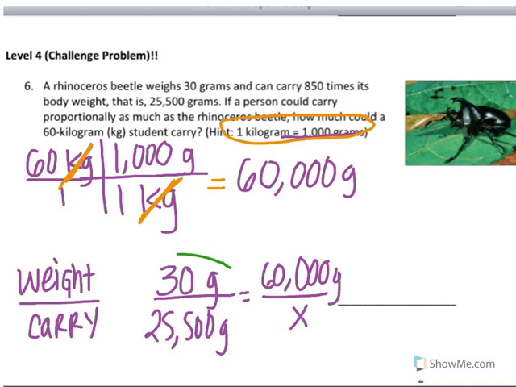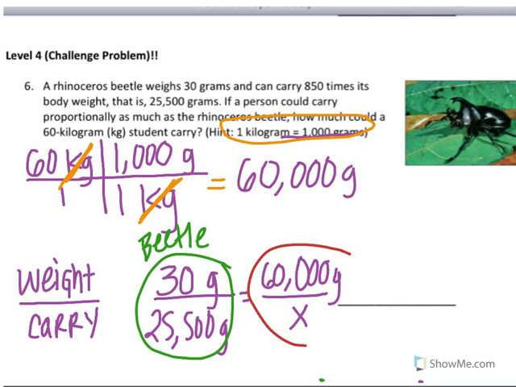If we notice here, the left side of our proportion is talking about the beetle. And let me change that color so you can see this visually. The right side of the equation is talking about a student.